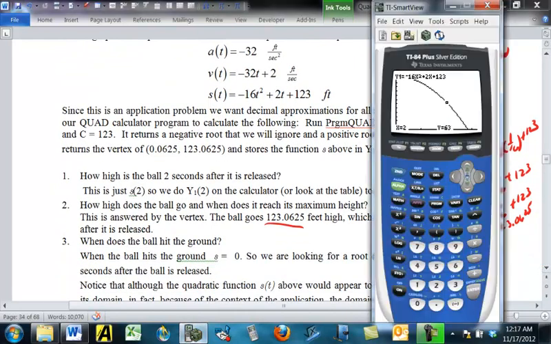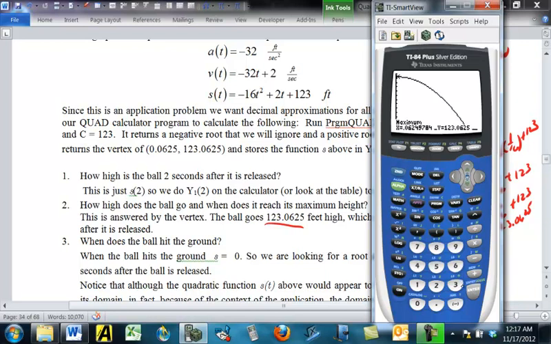Okay, but you can also find a maximum here by just doing a calc max on the calculator. Once you have it graphed, you can say calculate that maximum. We know it's going to happen between 0 and 2 seconds, probably not very far down the line, and I'm just going to say 0.1 is my guess.